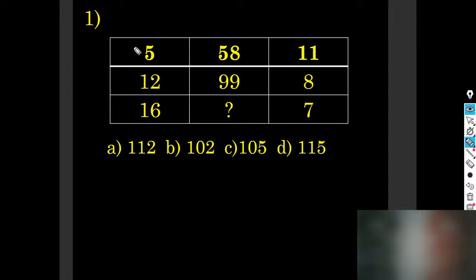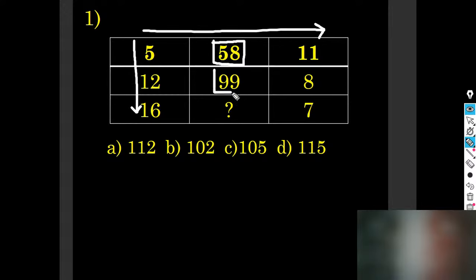There are two ways of solving this one. First, we can go column wise, or we can go row wise also. Now if you observe, here in between we have big numbers, so that means multiplication is involved. So 58, 99, and question mark. This indicates that we should go row wise.